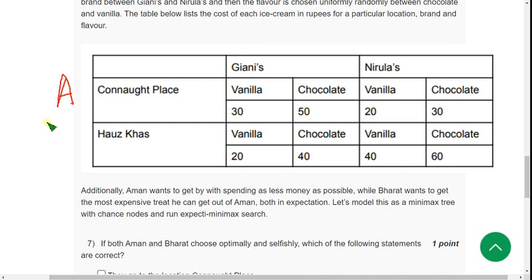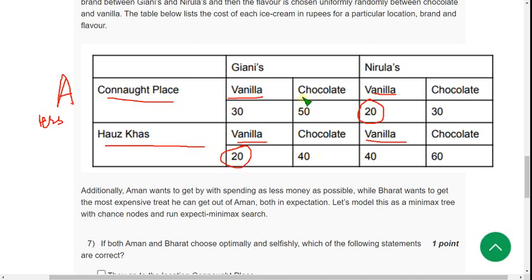What is Aman thinking? He wants to spend less money, so he should see which place will make him spend less. For vanilla flavor, compare all the vanilla flavors first. So 20 is the least one, and there are two places with 20, House Cars and Connaught both have 20 in vanilla flavor.